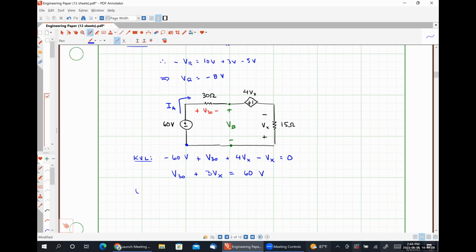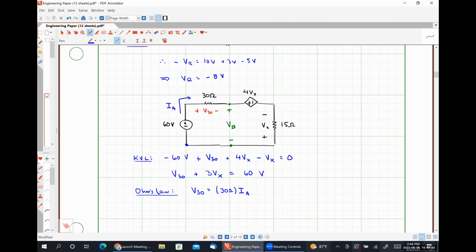So using Ohm's law, we can actually write two more equations here, right? So I can say that the voltage V30 is simply 30 ohms times the current IA, because the current IA is flowing into the positive polarity terminal of V30.